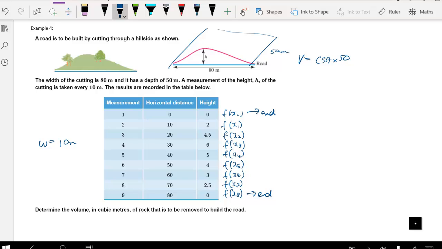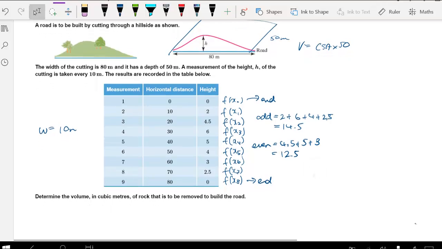Our sum of the odd sections will be 2 plus 6 plus 4 plus 2.5. So that means we've got 8 plus 4 is 12 and 14.5. The sum of those even subsections will be 4.5 and 5 and 3. So it means we end up with 12.5.